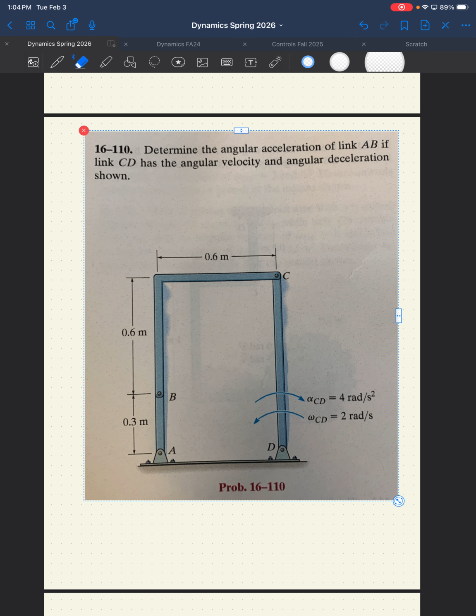All right, this question is asking us to determine the angular acceleration of link AB if link CD has the angular velocity and angular deceleration shown. Let's read that again, and I'll try to highlight as I go. Determine the angular acceleration of link AB. That's this one.